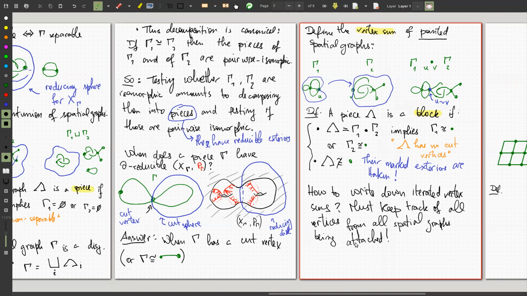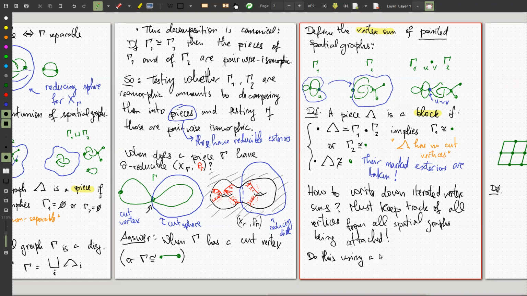The tool we use for this is what we call the tree of spatial graphs. So we do this using a tree of spatial graphs. And this is what I'm going to tell you about next.